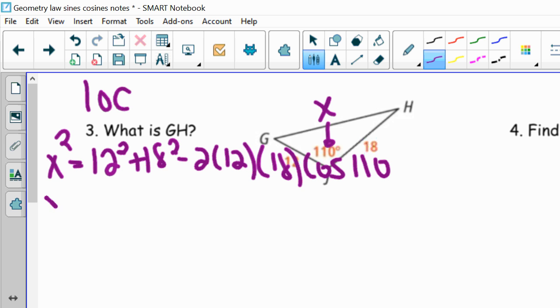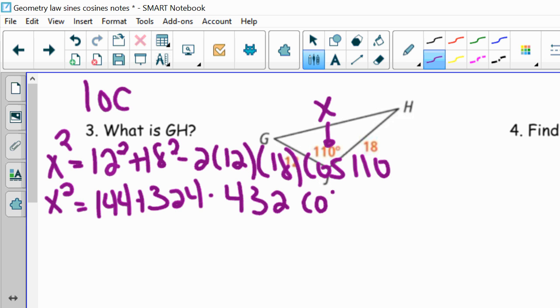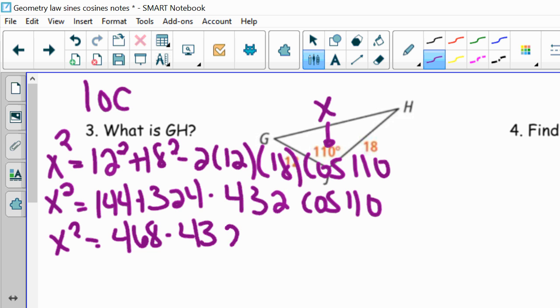And we're going to start working this out. So 12 squared is 144. 18 squared is 324. 2 times 12 times 18 is 432 times the cosine of 110. If I add 144 and 324 together, I get 468 minus 432 times the cosine of 110.